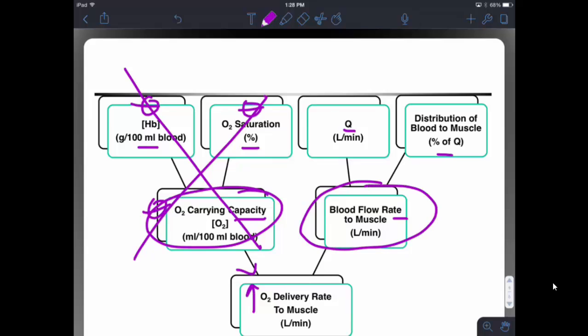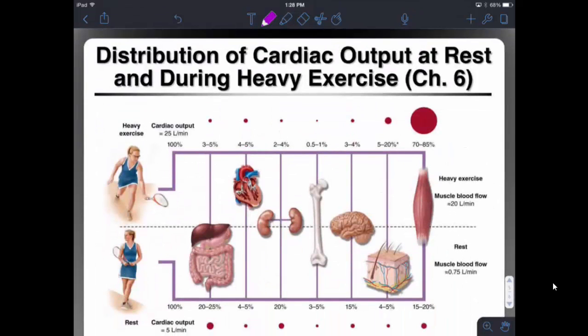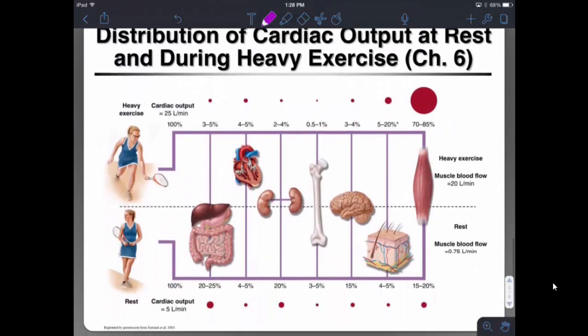Okay, so what determines how much blood flows to the muscle? Two things. First of all is the amount of blood flowing out of the heart. And the second thing is the distribution of that cardiac output going to the muscle. So you should remember this slide from Chapter 6.